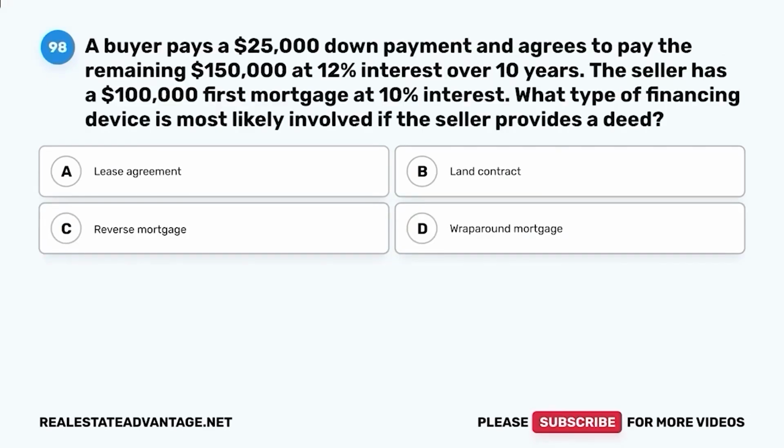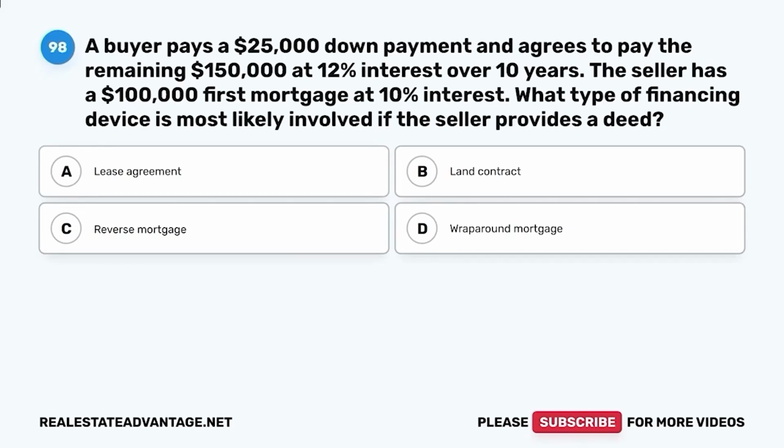Question 98. A buyer pays a $25,000 down payment and agrees to pay the remaining $150,000 at 12% interest over 10 years. The seller has a $100,000 first mortgage at 10% interest. What type of financing device is most likely involved if the seller provides a deed? A. Lease agreement. B. Land contract.